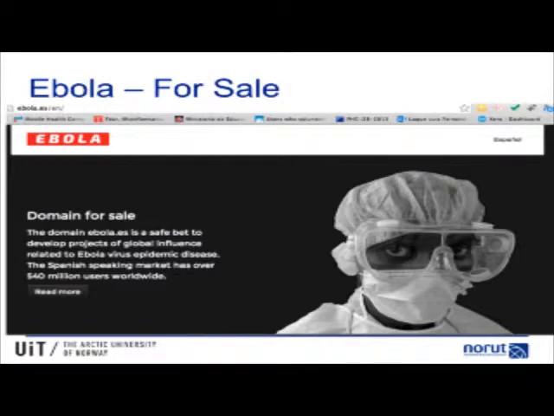Ebola.es has been registered by an individual who is now trying to sell the domain. This is an example of a missed opportunity for a health authority, who could have bought this website to inform people about Ebola. This is the Spanish domain, but the same happened with Ebola.com in the US. It costs only €20.